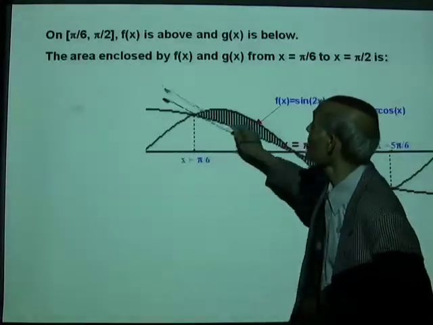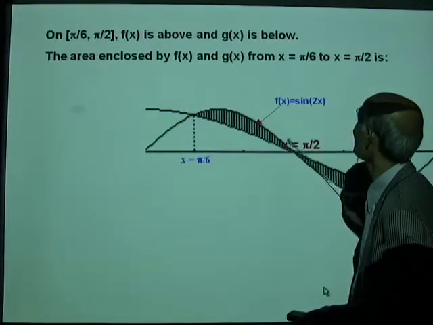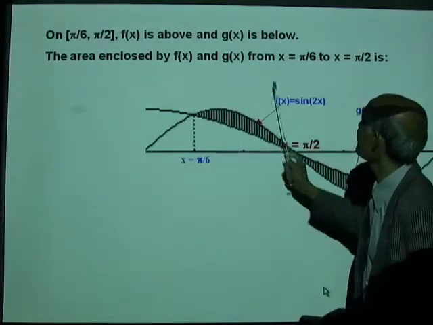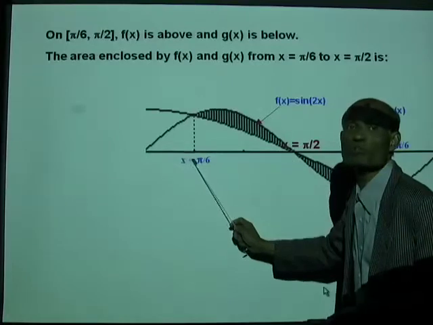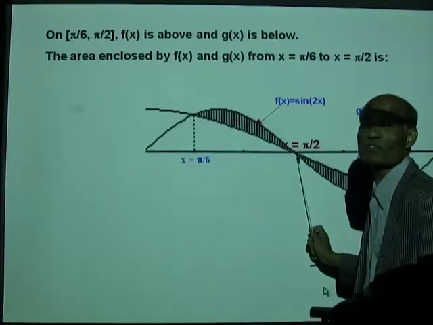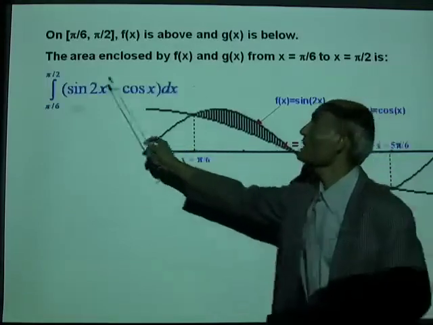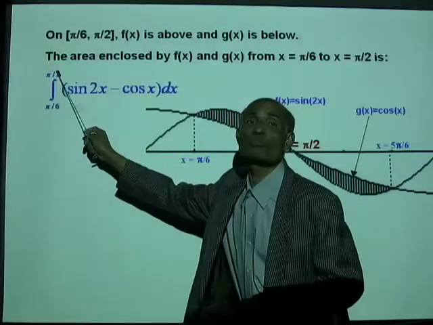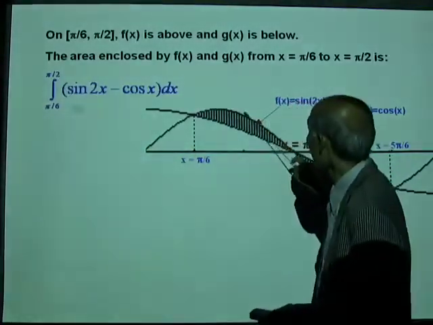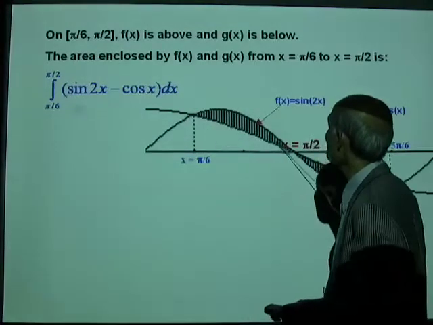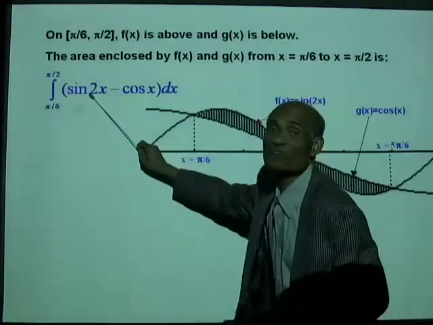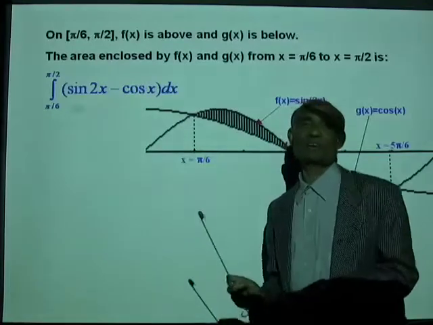Therefore, the area enclosed by f of x with g of x from x equal to pi by 6 to x equal to pi by 2. Can you write that definite integral? Will be integral pi by 6 to pi by 2 f of x minus g of x, which is sine of 2x minus cos x.